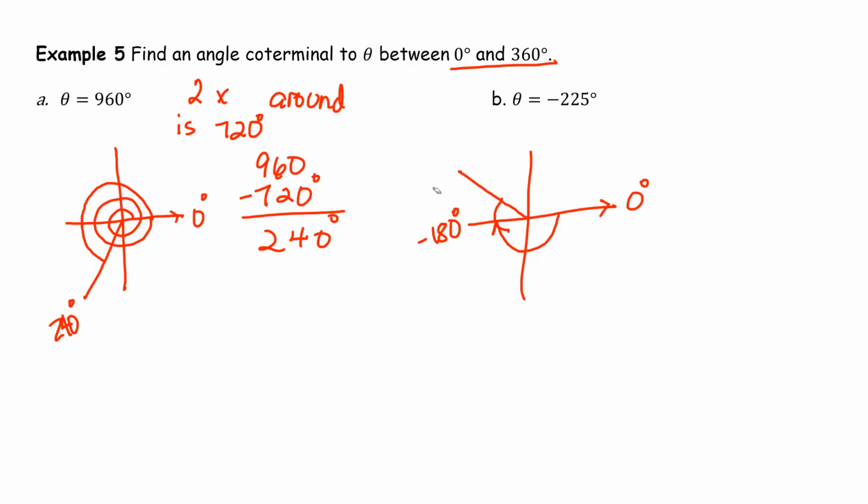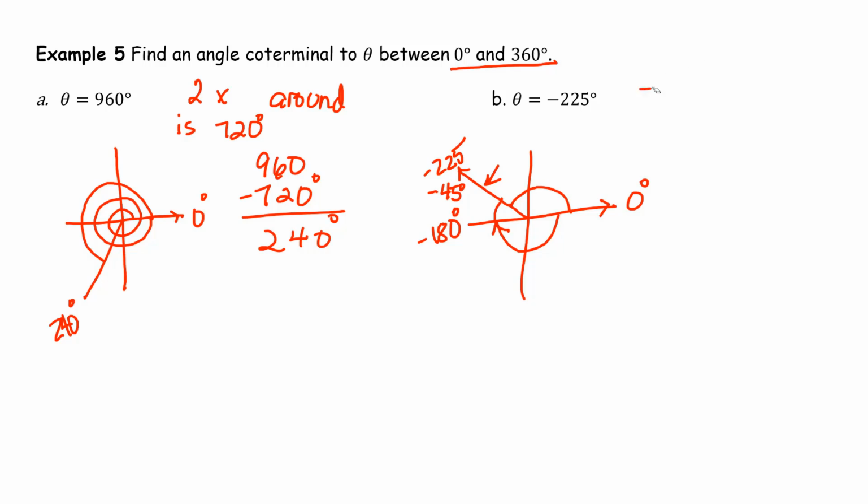Negative 180 and another negative 45. That's what puts me at negative 225. But what I want to know is, what is the angle between 0 and 360 that has the same terminal side as negative 225? Which angle between 0 and 360 is going to make me end up in the same place?